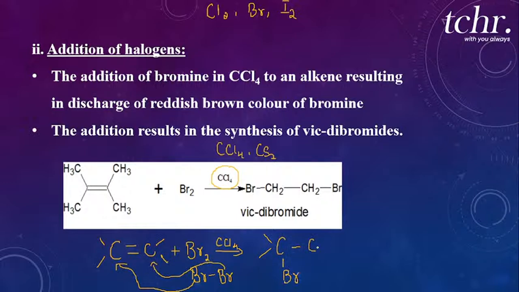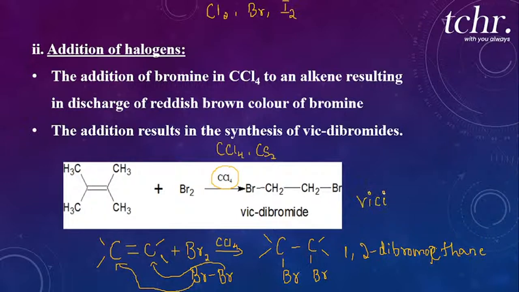What you get is 1,2-dibromoethane. Students, otherwise, a very simple way I can call it is vicinal dihalides.